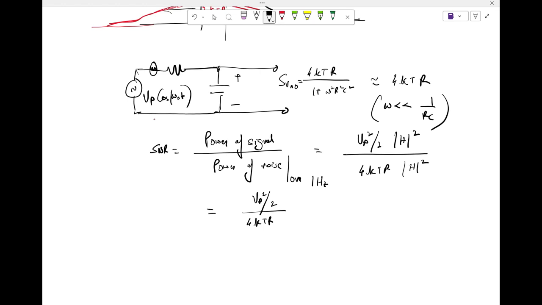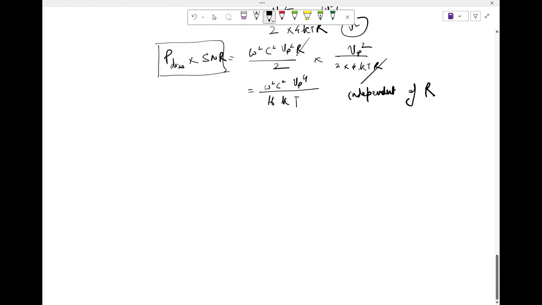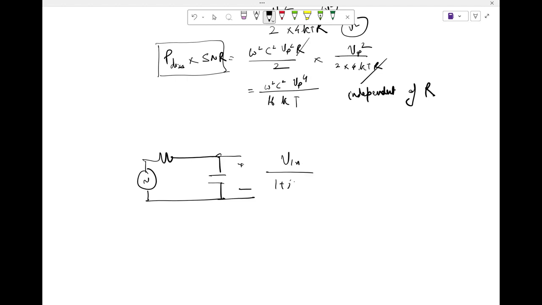So if I formalize this, your voltage across this is V in by 1 plus j omega RC. So the current is always j omega C times this, correct? So I in is V in times j omega C by 1 plus j omega RC.